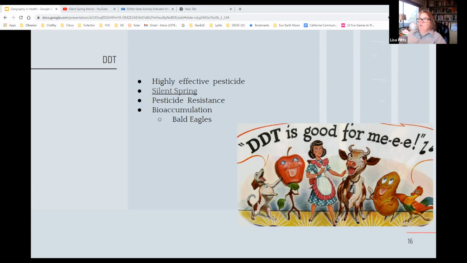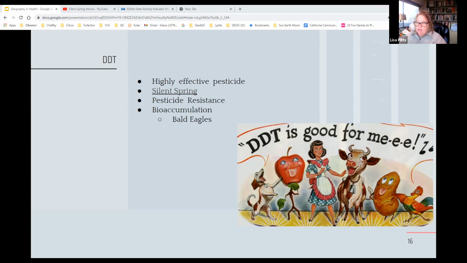Yes, it kills one bug, but then a lizard eats 100 bugs a day, and all of those 100 pieces of DDT are then picked up by a bird, and then that bird is eaten by, for example, bald eagles, which were in significant decline because of DDT.